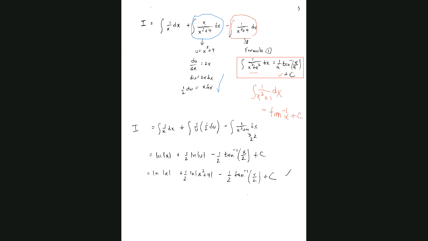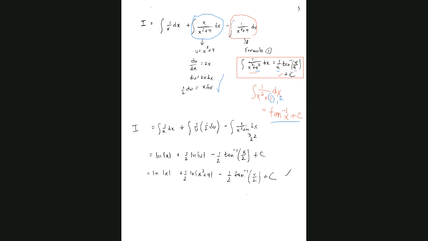But that antiderivative is a special case of this Formula 1, because what is a equal to there? Well, the 1 can be expressed as 1 squared. So if you put a equals 1 wherever the a is, you'll get that antiderivative.